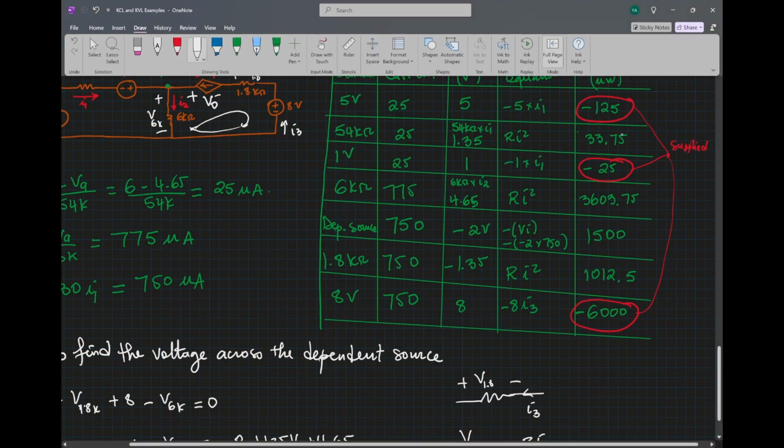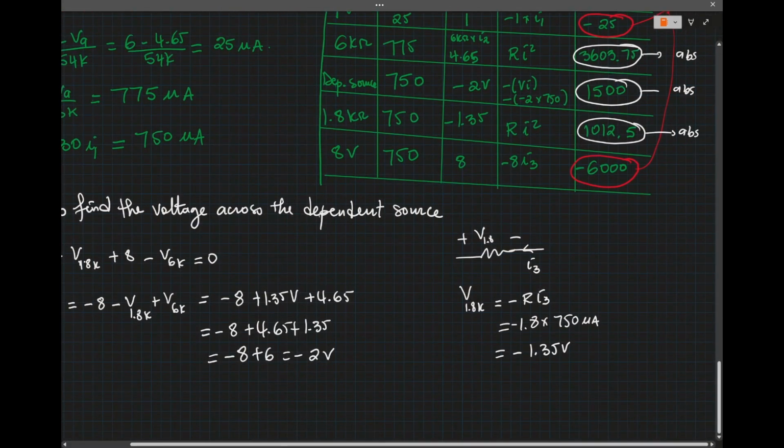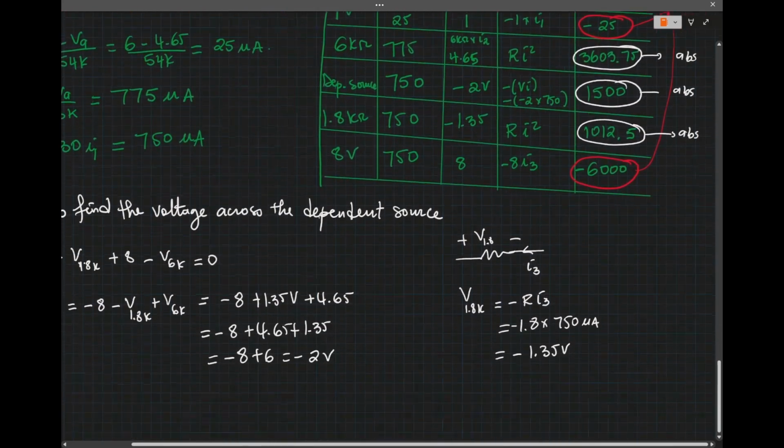So there's absorbed power, okay, so this absorb power, okay, so this is absorb, and this absorb. Okay, so when we add all the supply power and the absorb power, we should get 0, right?